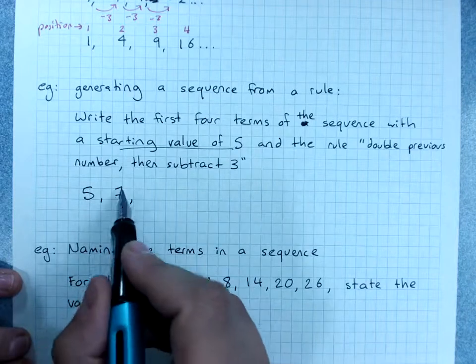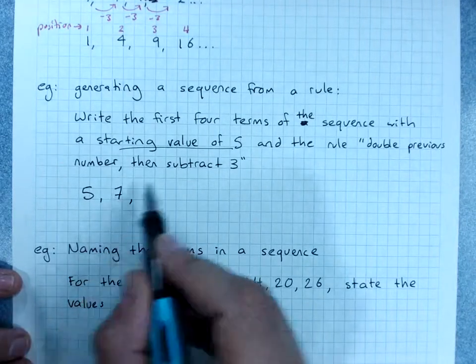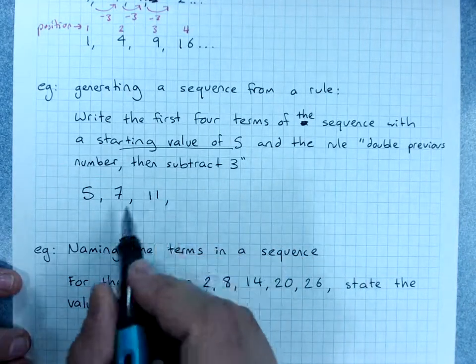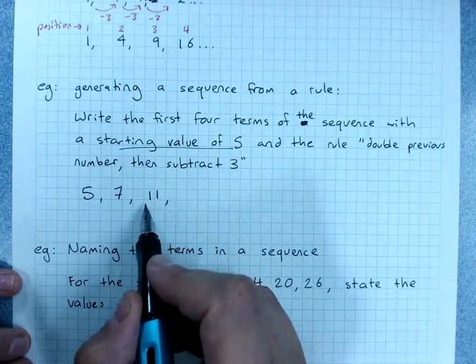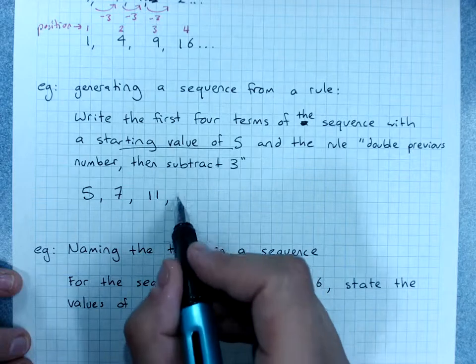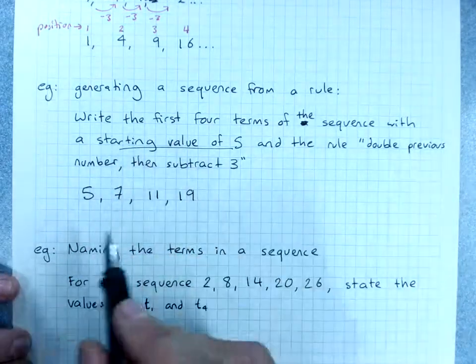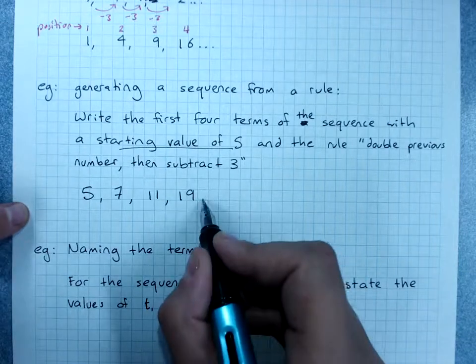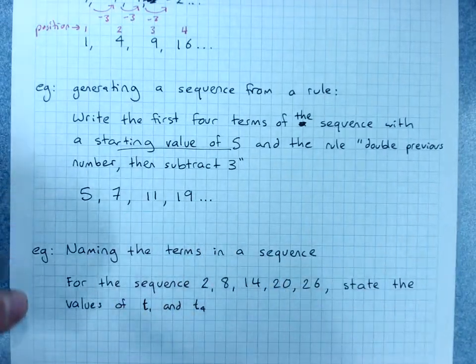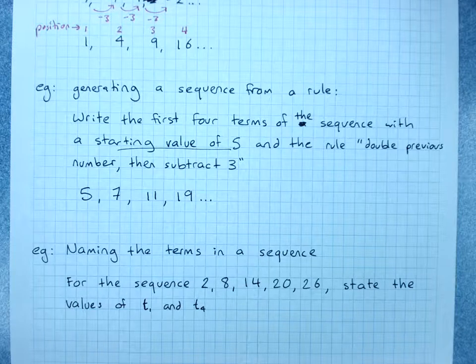To get the next term, double 7, that's 14, take away 3, 11. The next one, double 11, that's 22, take away 3, 19. We've got the first 4 terms. At that point we can stop. You can put the little dots there if you want, but they did just ask for the first 4 terms.